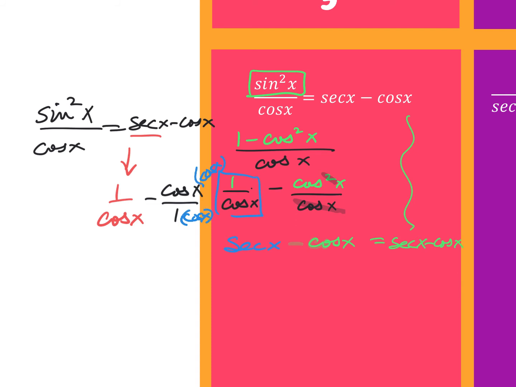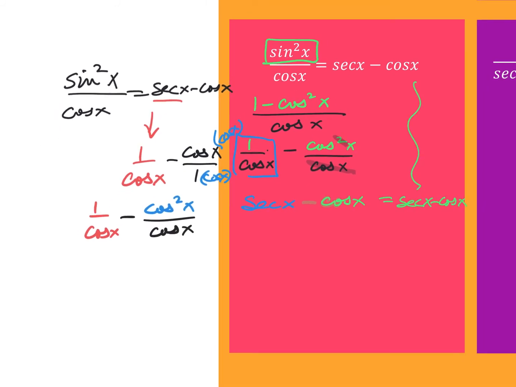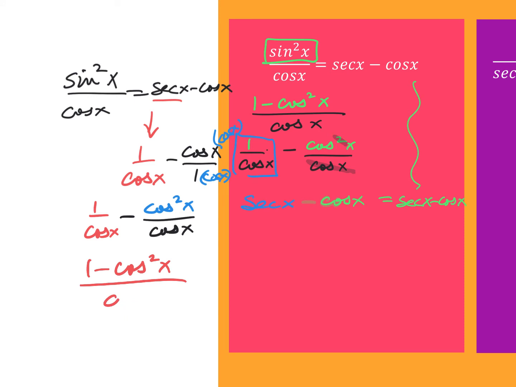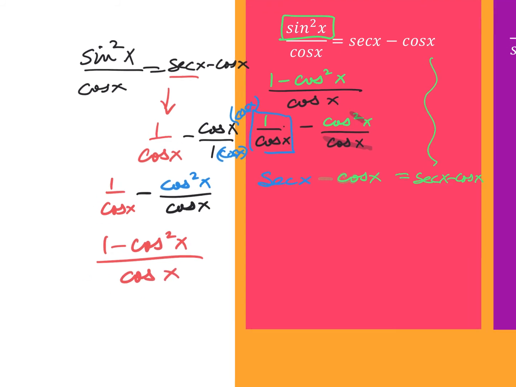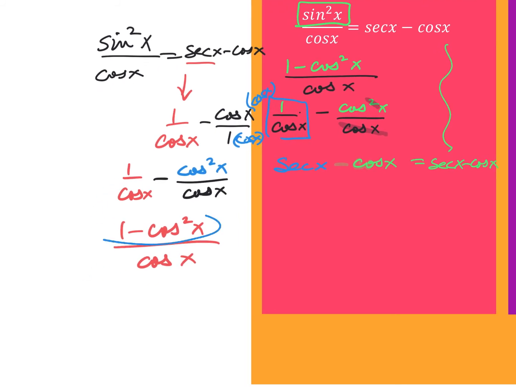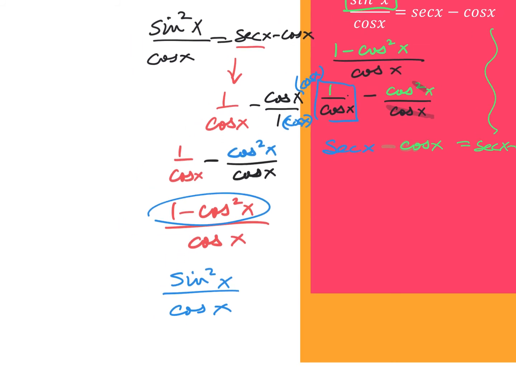So then now I have 1 over cosine x minus cosine squared x over cosine x. And then in the numerator, it's now 1 minus cosine squared x over cosine x. And then I can use my Pythagorean identity here and make this sine squared x over cosine x. And now I made it look like the left side.